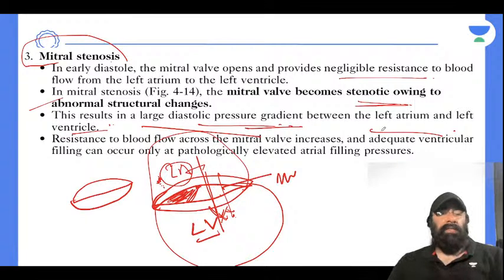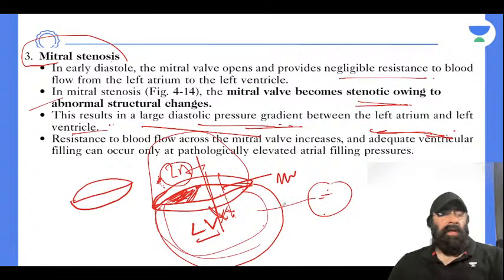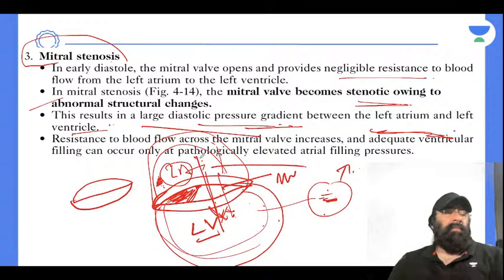So what do you mean by diastolic pressure gradient? Meaning during ventricular diastole, there is a negative pressure generated in the ventricle, and technically the negative pressure which should be there should also be in the atrium. But after atrial contraction, the pressure stays increased here because of the remnant blood which is staying back.